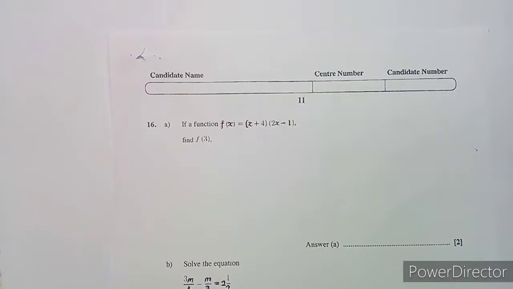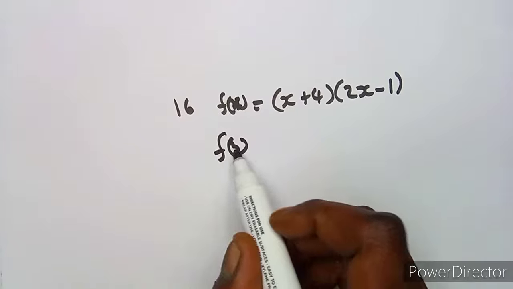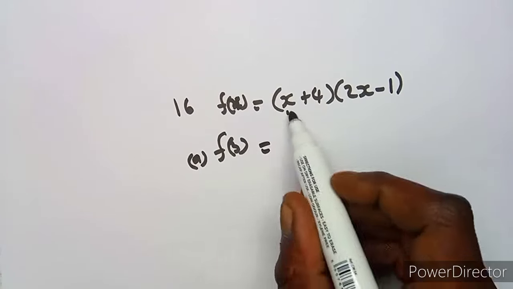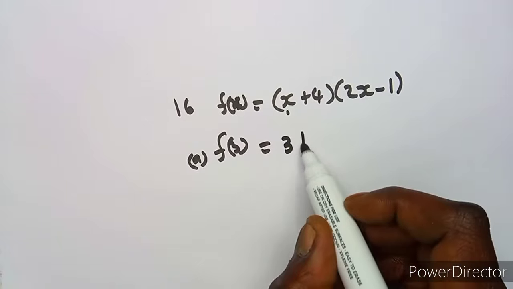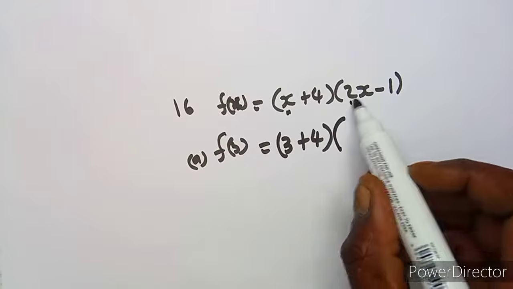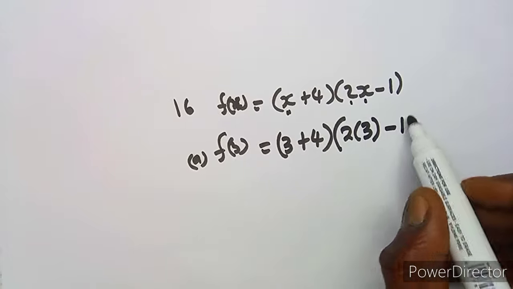What does f of 3 mean? It simply means in place of x, substitute 3, because this is f of x. So it's going to be 3 plus 4, in place of x, into 2 times our x, which is 3, minus 1.